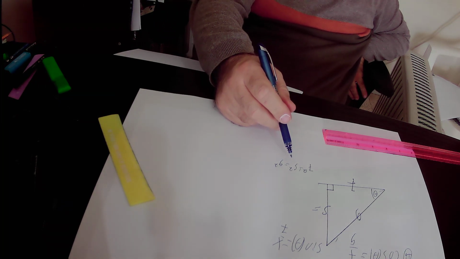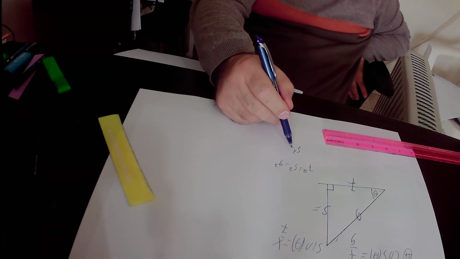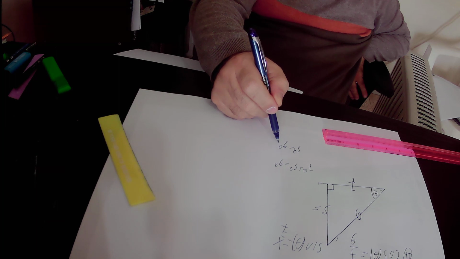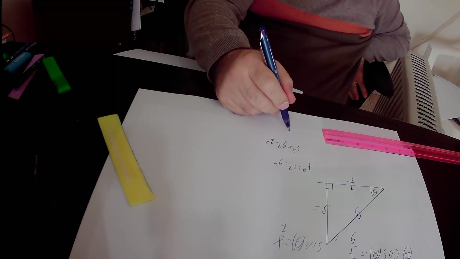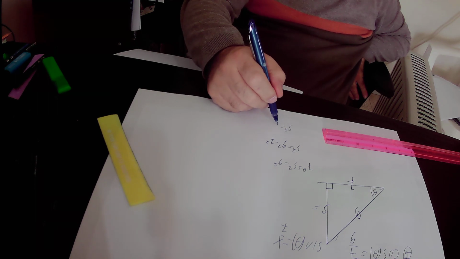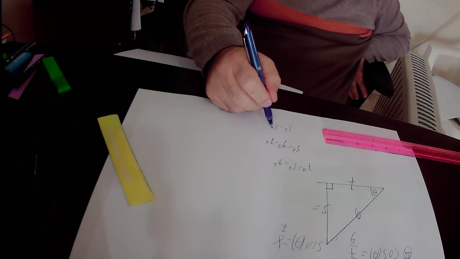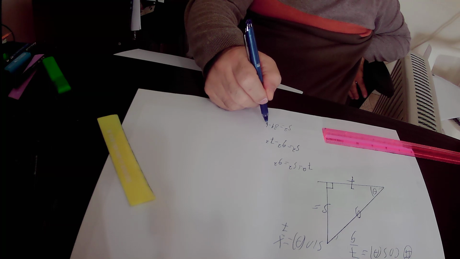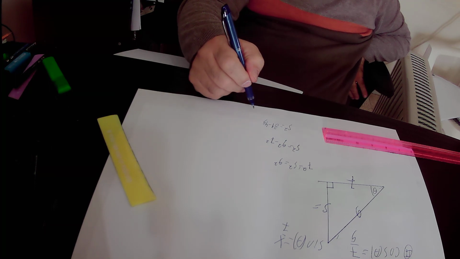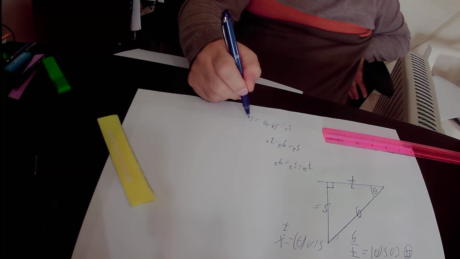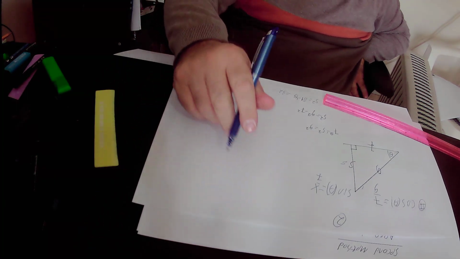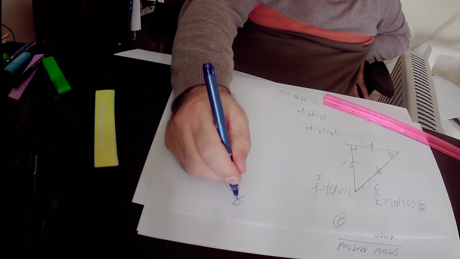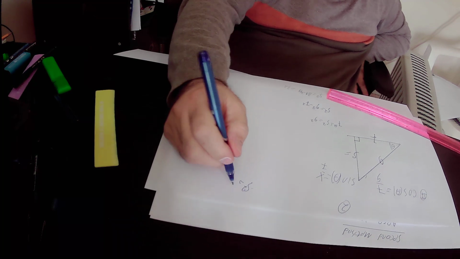We subtract 7 squared, and we get that s squared equals 9 squared minus 7 squared. Okay, s squared equals 81 minus 49. 81 minus 49 is 32. So we found out that s squared equals 32.